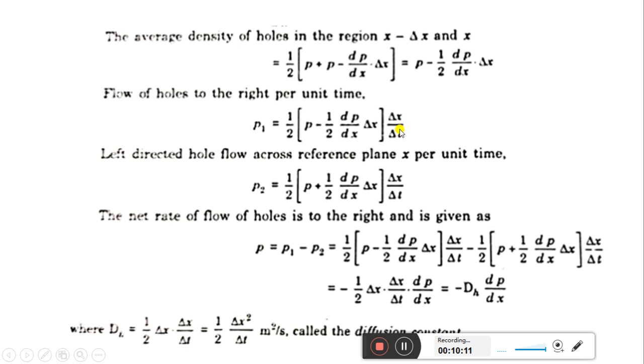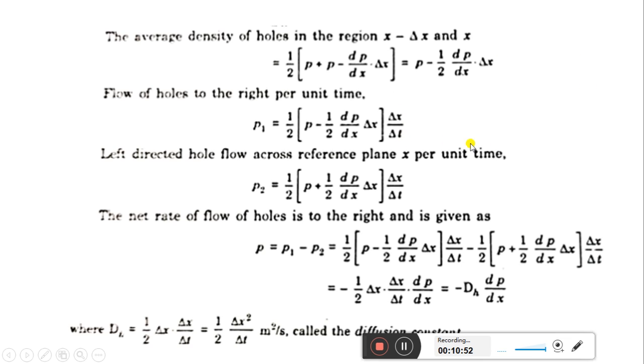If we multiply this mean velocity with this density, that is half of p minus half dp by dx delta x, multiplied by delta x by delta t, this will become the flow of holes to the right.